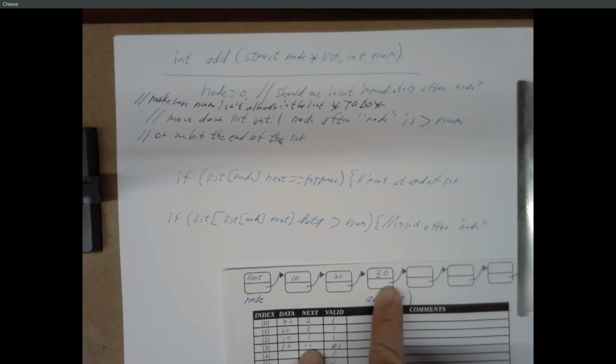Okay, how do we insert at the end of the list? If node is the last node in the list and we want to add something after that last node, what kinds of things do we have to do? Gotta get a new node. Got to get a new node, which we always have to do. So we may as well do that in the beginning.